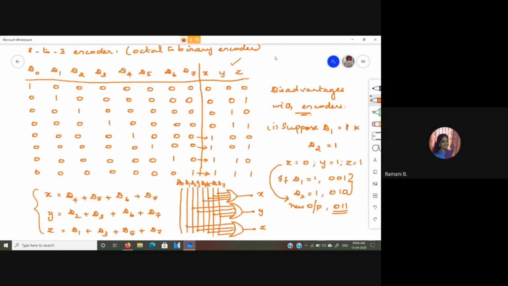So the solution proposed for this is, you give priority to the inputs. So giving priority to the inputs, we can overcome this error. For example, I may give priority to the higher subscript value.